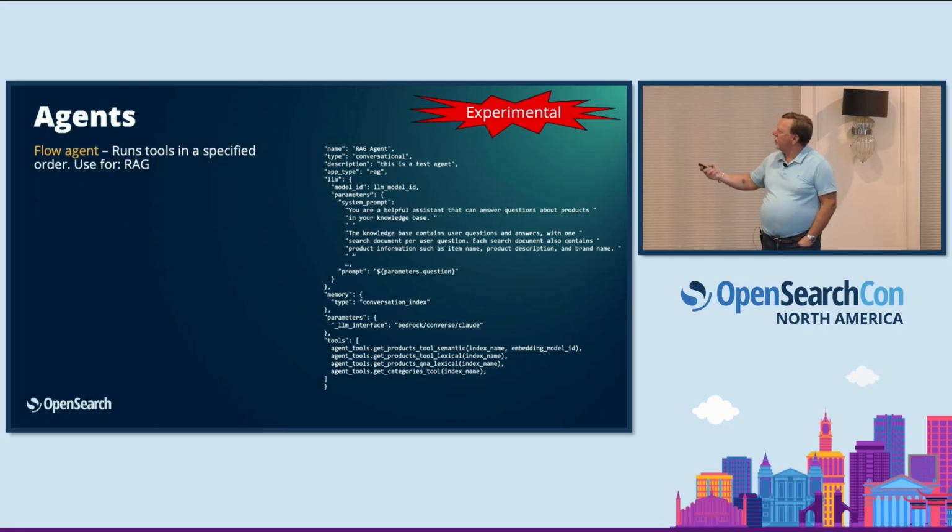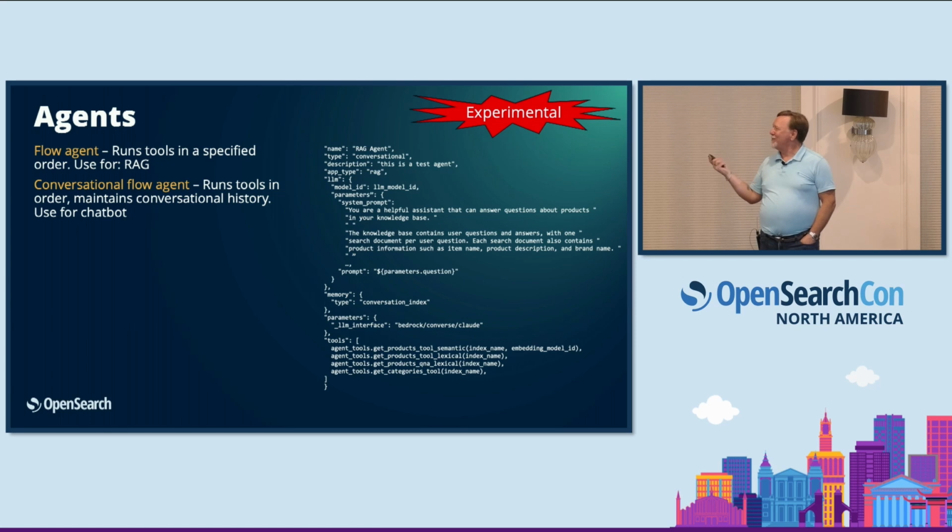Oh, sorry, and there's an example over here. This is a conversational agent with an LLM connector. You'll notice the model ID, again, how we refer to that external model, with a prompt, as well as some additional parameters. And you'll see in this case, we've defined a number of tools for this conversational agent.